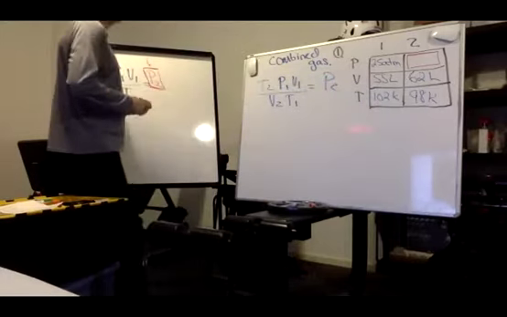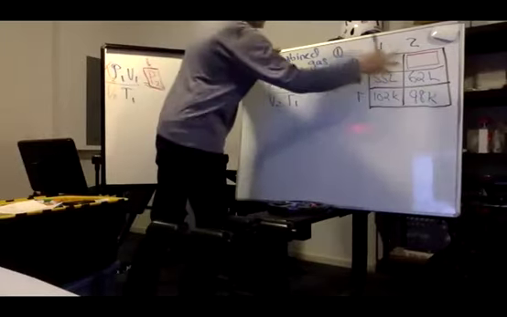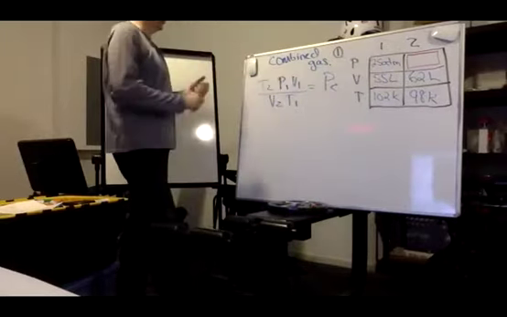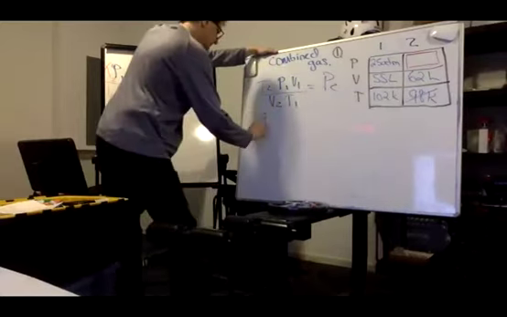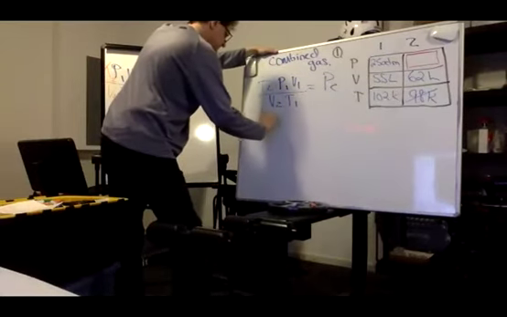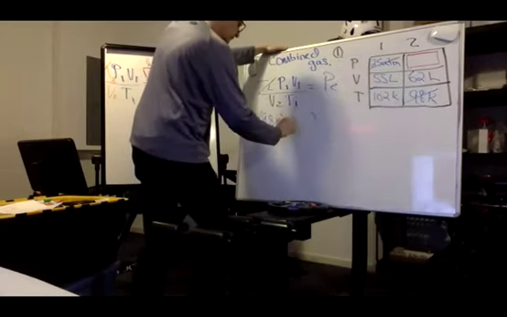So at this point, you've got players assigned to the field. You need to put numbers in place of the letters. So first up, T2. T2 is 98 K. P1, 25 atmospheres.